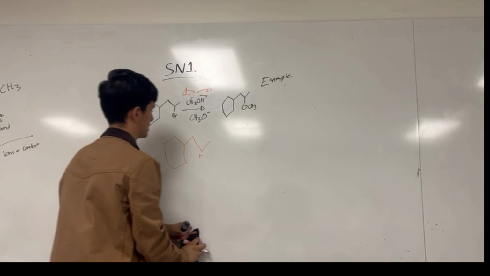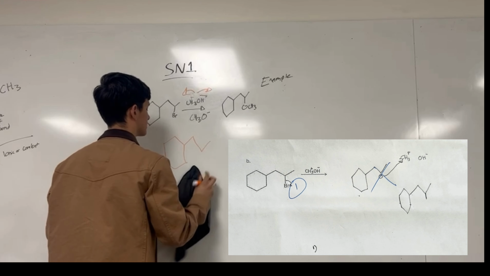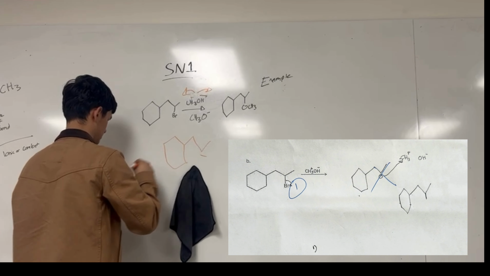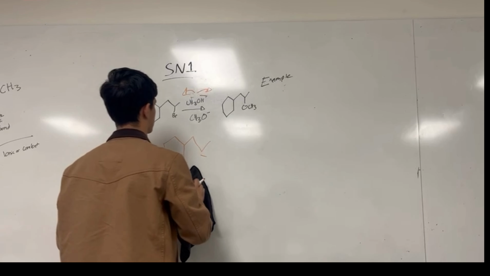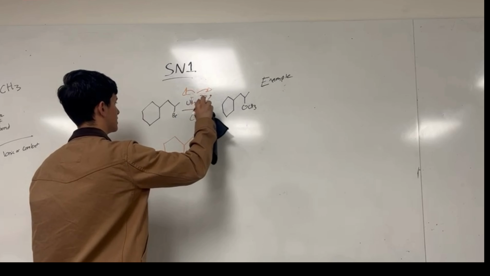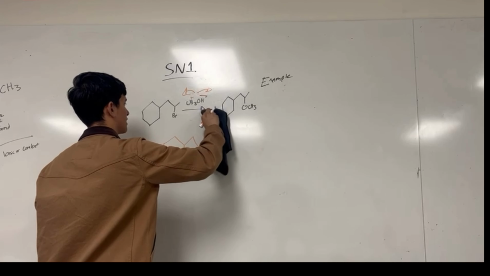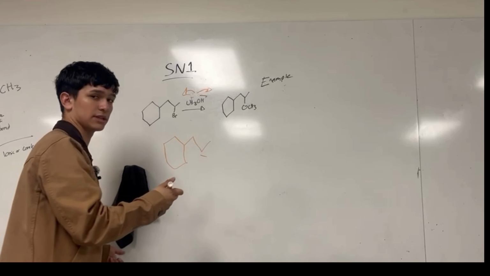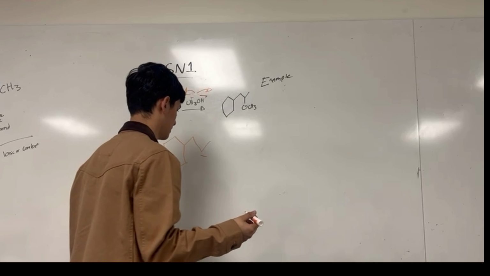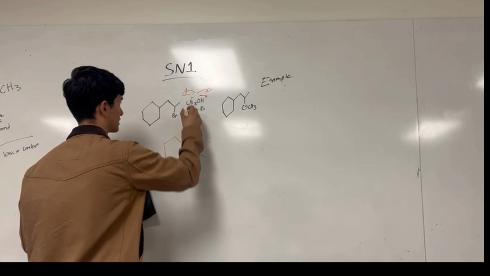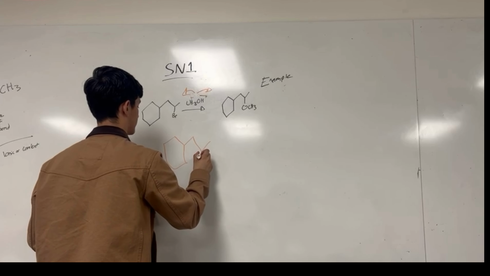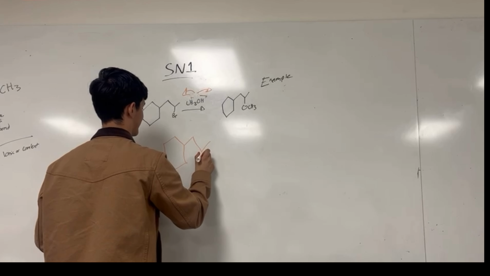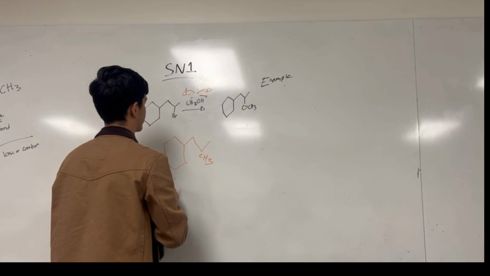But actually, in my test I said this was negative because I was trying to rush everything, so I forgot it was a carbocation, and you get nervous during a test, so I said this is a carbon anion. So I thought the positive will go here. CH3.